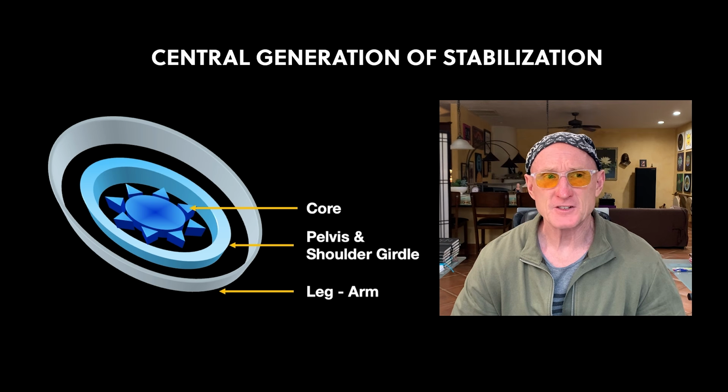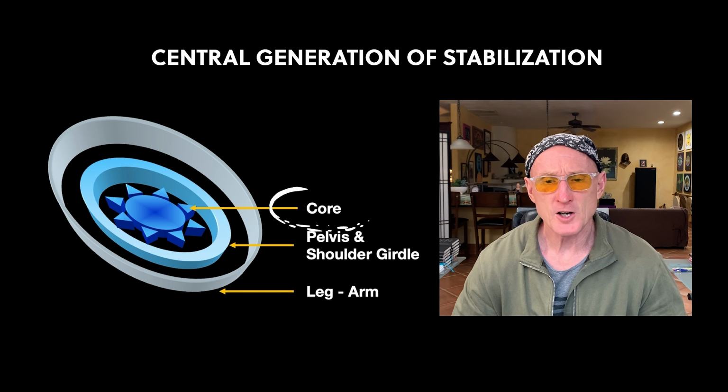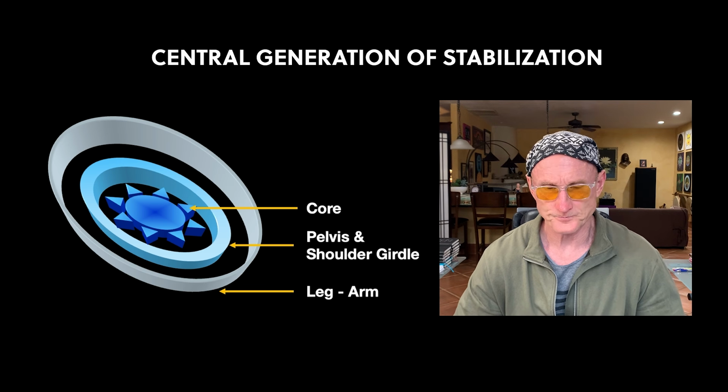So because we have to stabilize something before we can move it effectively without causing damage, what we find in studying lots of research is that the core is what initiates stabilization, which leads to stabilization of the pelvic girdle and the shoulder girdle. And that causes like a wave effect, and then the leg and the arm are stabilized.